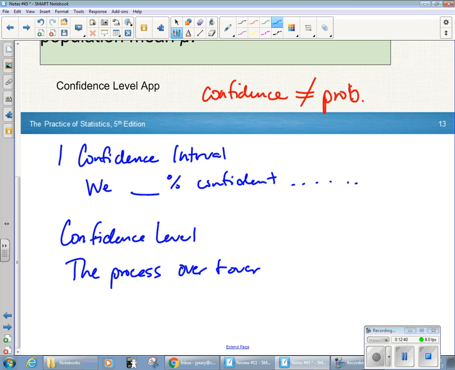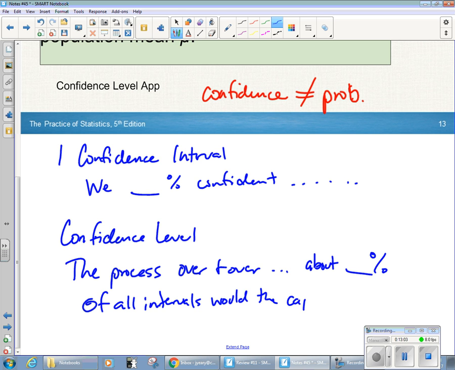Basically, a confidence level is telling you that if you were to do this process that you use to find one confidence interval many, many times, then using that process over and over again, about blank % of all intervals would capture the parameter. So again, you're talking about one interval versus lots and lots of intervals. So that's kind of where we're going from there.